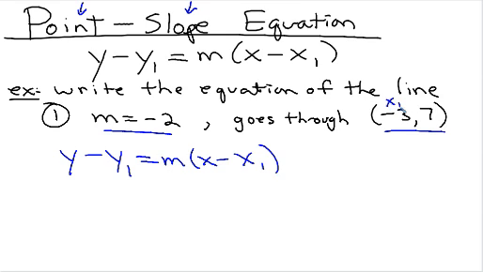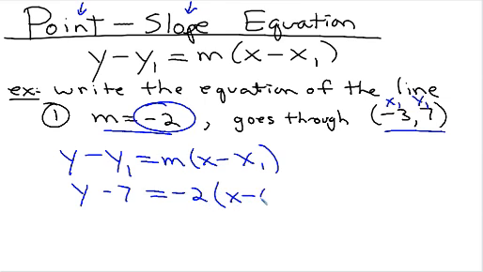This is my x1, this is my y1. So I have y minus 7 equals, here's my slope, -2 times x minus -3. Just plugging those things in.